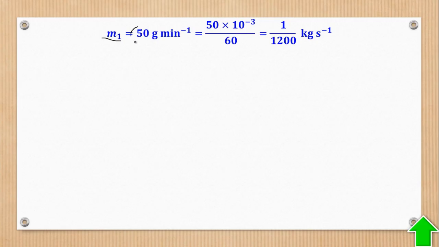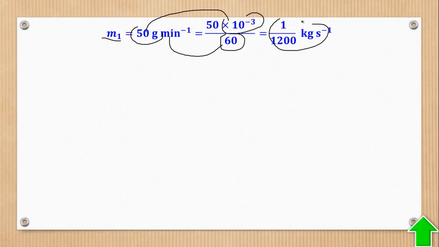So we are given 50 grams in 1 minute, which is 50 grams per minute. You have to convert it to kilograms per second. So convert the 50 grams to kilograms by multiplying by 10 to the power negative 3. Then per minute to per second by dividing by 60 to give you this, which is kilograms per second.